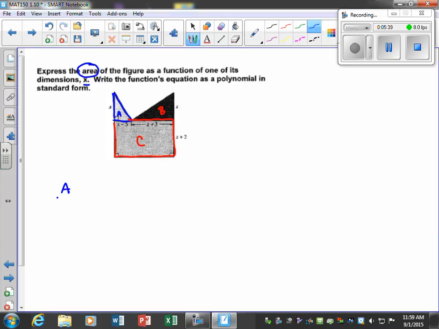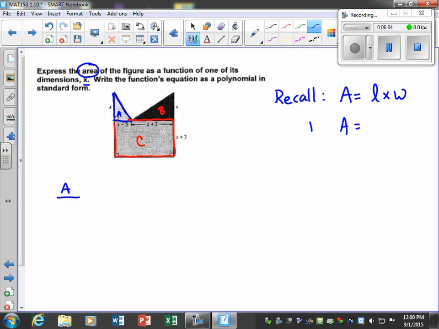So let's look at piece A. Recall, area is what? For a portion like this one, area is going to be length times width, or base times height. Let's just go with length times width. What about when you have a triangle?